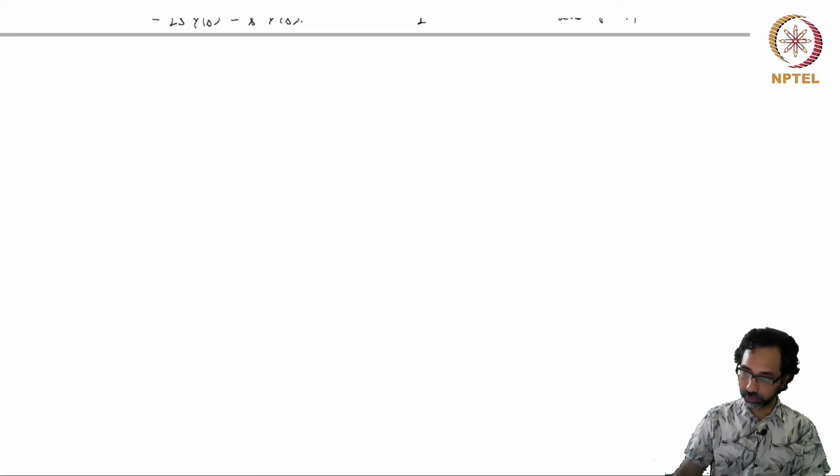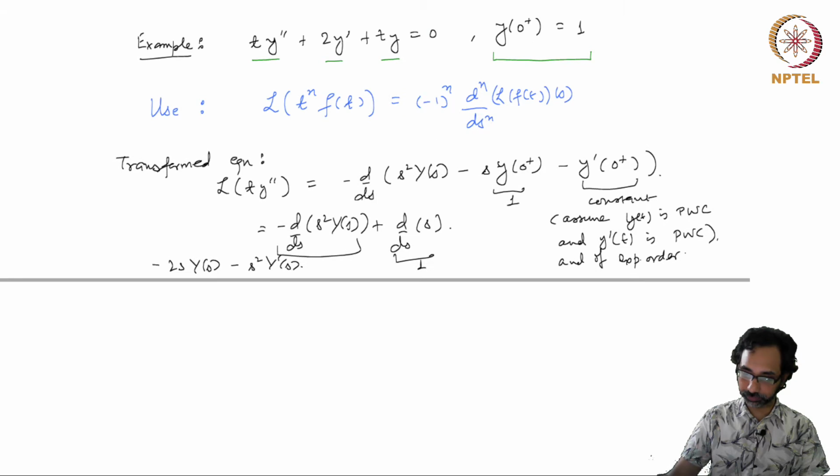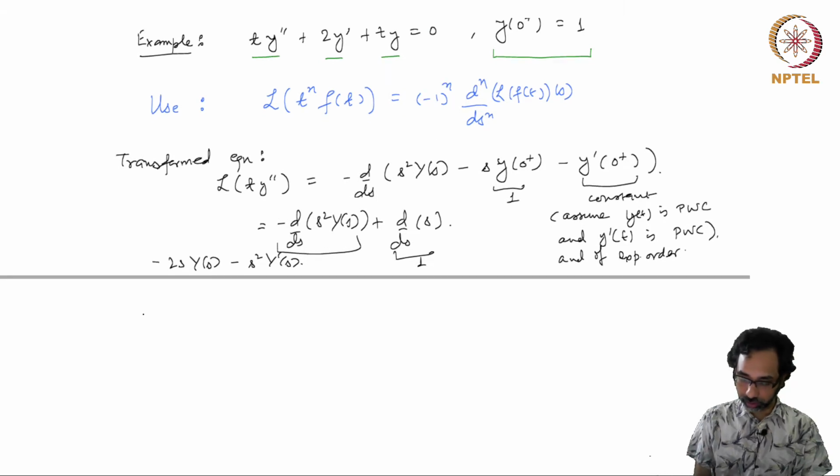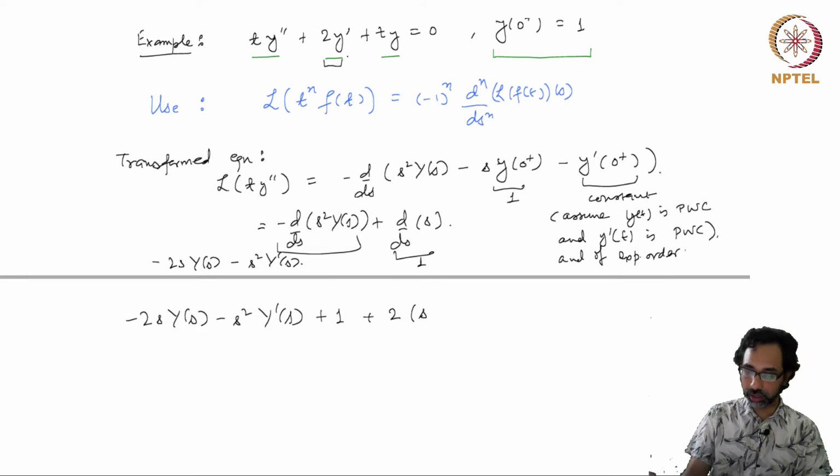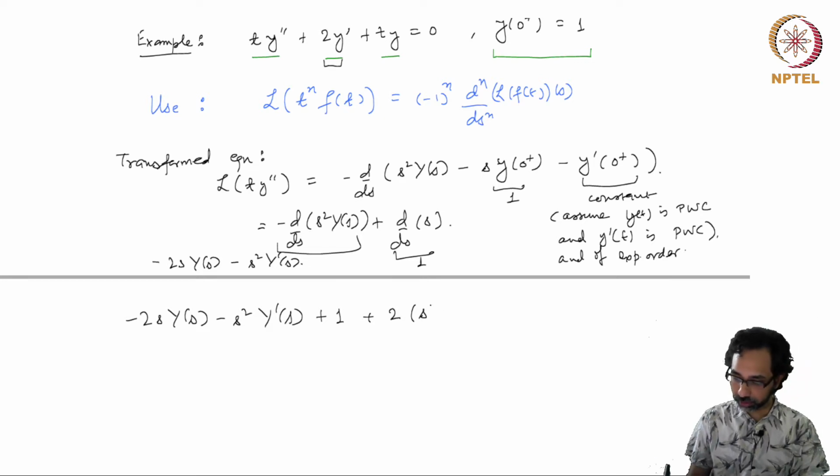So, we will have minus 2s Y(s) minus s square Y prime(s) plus 1, plus 2 times the Laplace transform of y prime, which is sY(s) minus 1. This is y(0+).